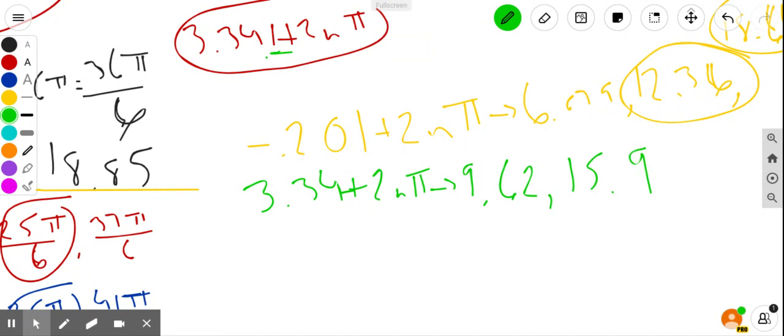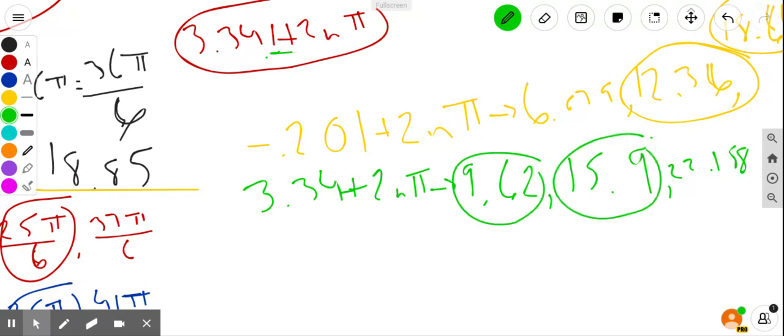That's also in the interval. So if I try it one more time, I would see that it would fall out because I would get 22.18, which is outside. So my answers are just these circled problems.